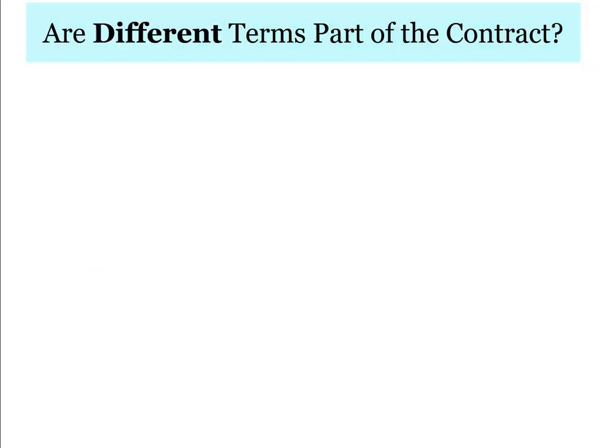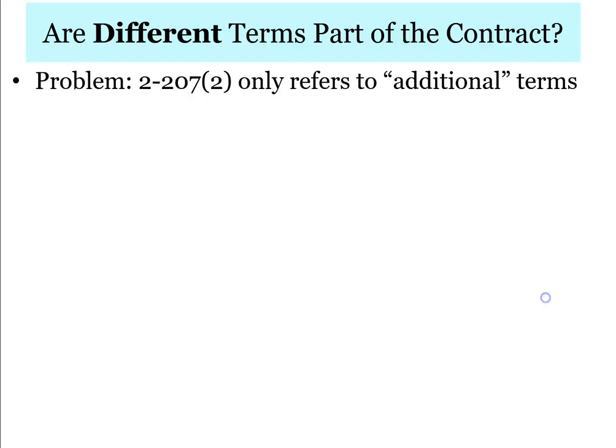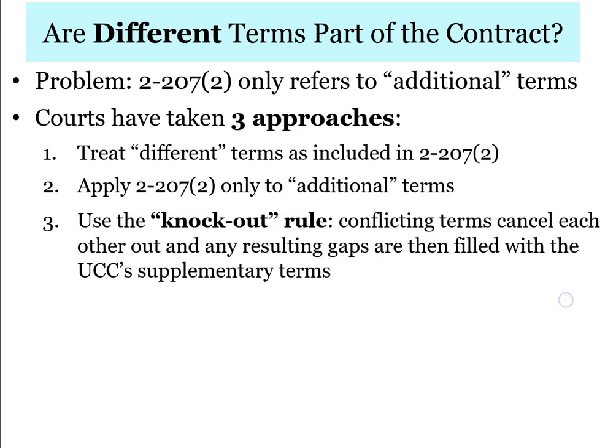Now let's look at what the courts are doing to handle different terms. UCC 2-207(2) is silent with respect to the status of different terms, but the cases and commentators have suggested 3 different approaches to the problem. The first approach is to treat different terms as included under the aegis of additional terms in 2-207(2).